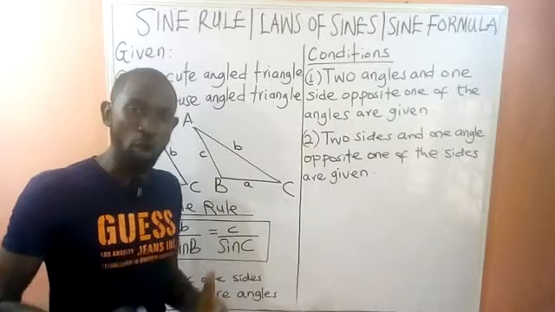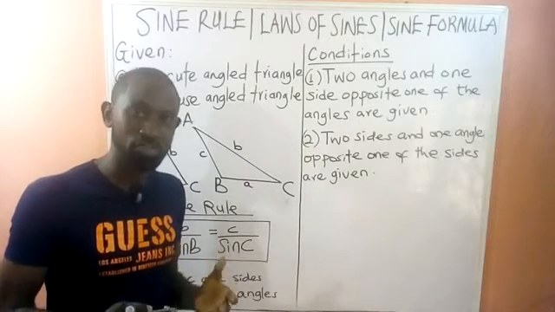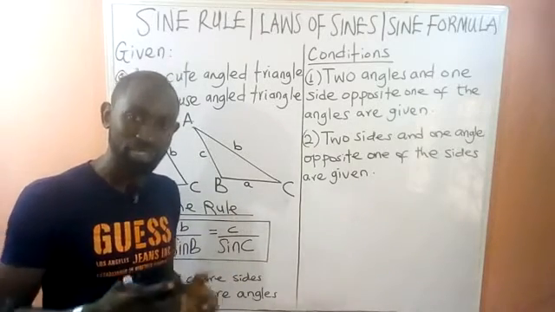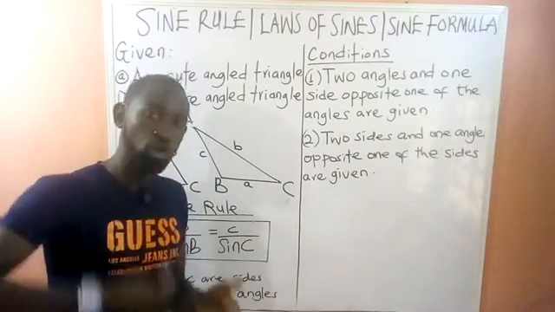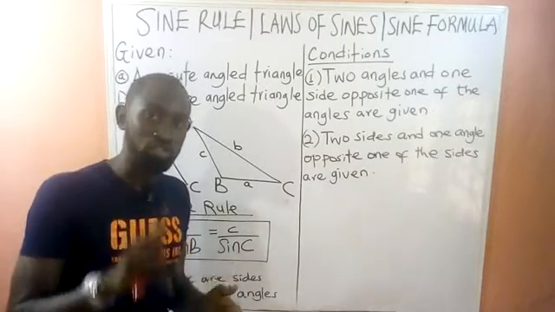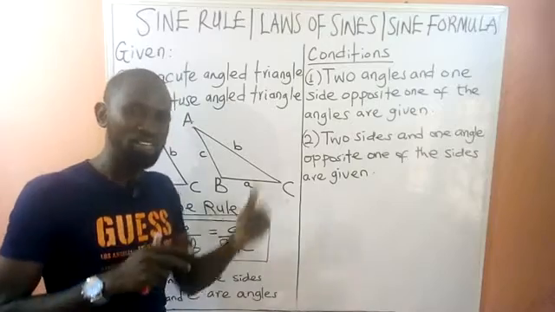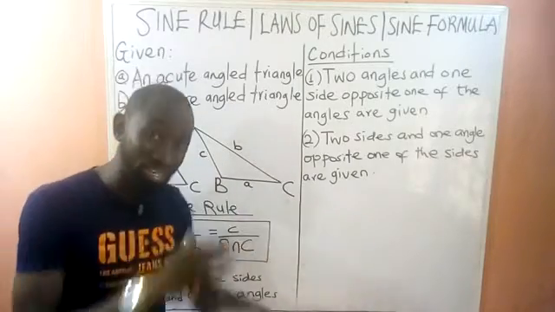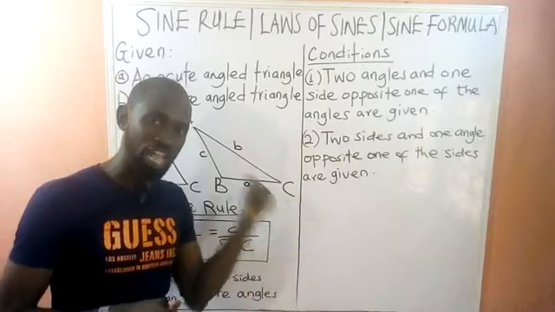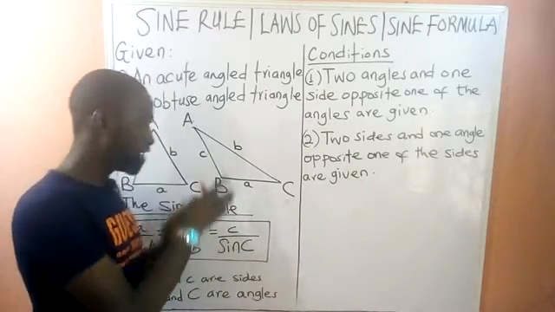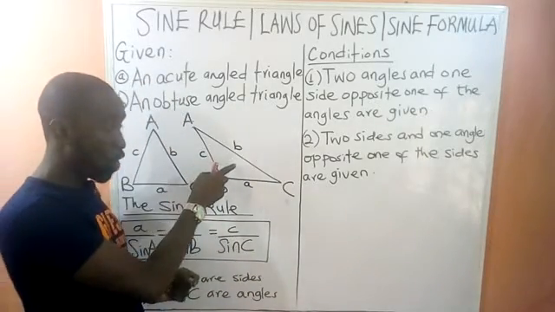Before we apply sine rule to solve questions on a triangle in mathematics, we must identify 2 conditions. Once those 2 conditions are satisfied, we can apply sine rule. We can't just apply sine rule anyhow. 2 conditions must be satisfied before we apply sine rule to solve questions on this diagram or this diagram.